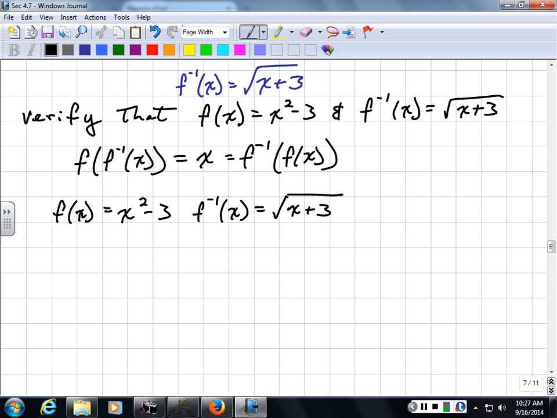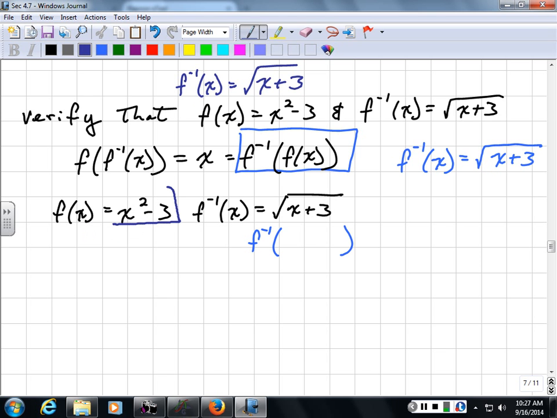So when I say, for example, let's look at this one right here. This is saying f inverse of f of x. What I'm telling you to do is take this f inverse of x, and it is equal to the square root of x plus 3. And then I say I want you to find f inverse of f of x.